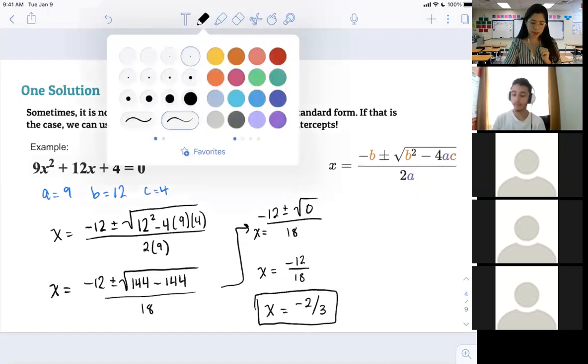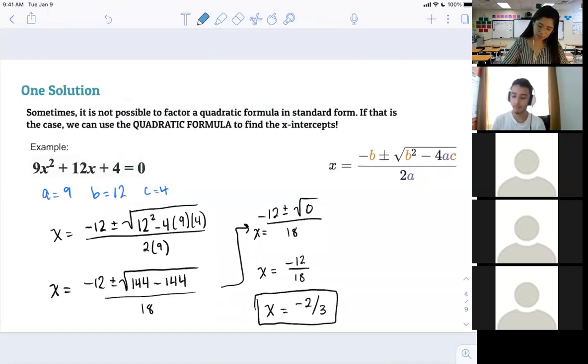And that's what happens when, do you guys remember what this is called? The number inside of the radical? Extra credit if anyone remembers that. No hints yet.